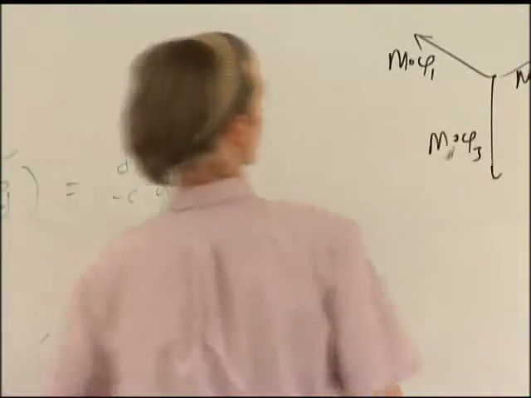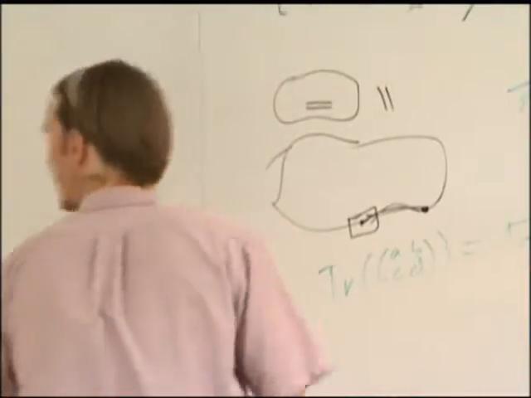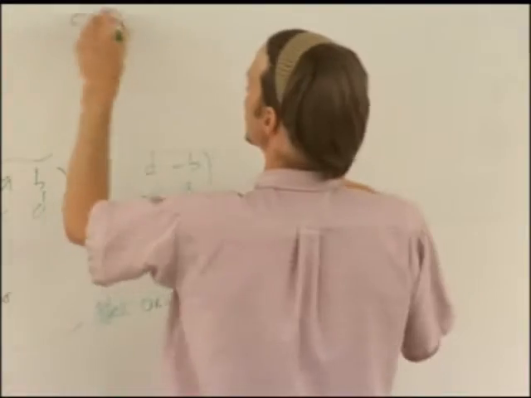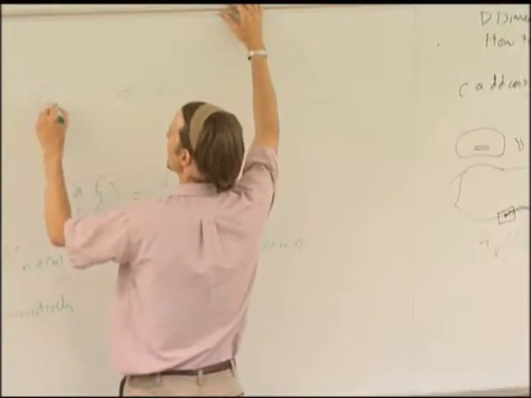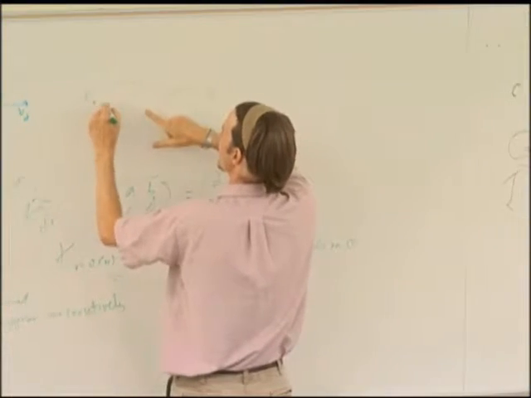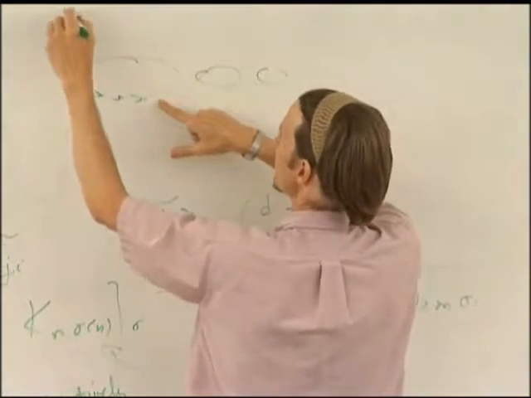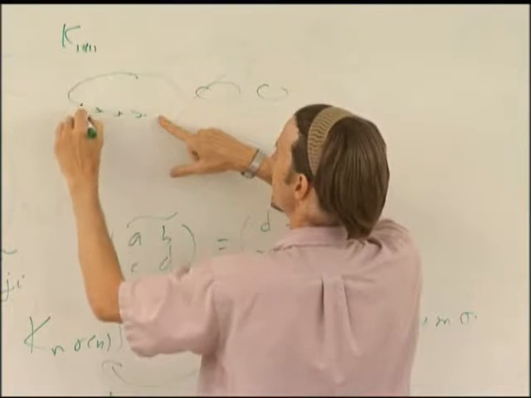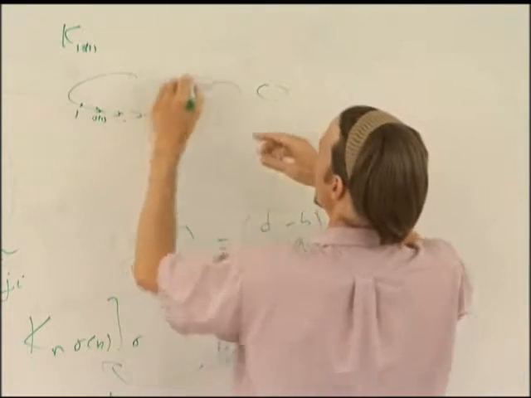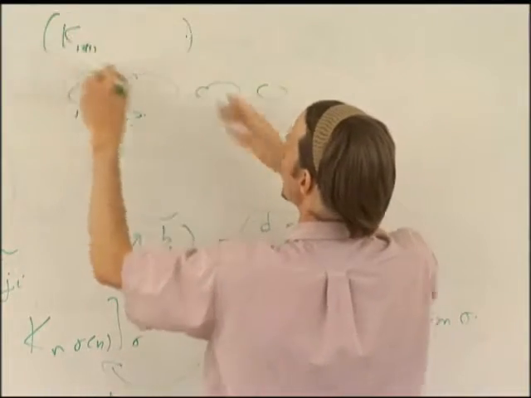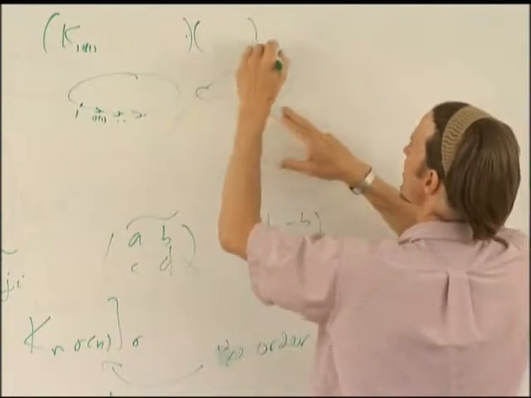So if here's my cycle decomposition of sigma, then in the product I put all these entries first, K1 sigma 1 and so on. After I've taken the product of those, I go to the next cycle, and then the next cycle.